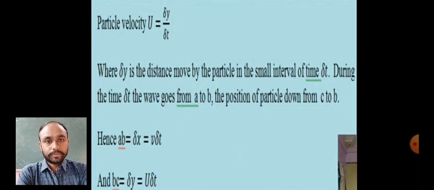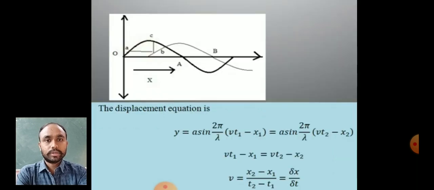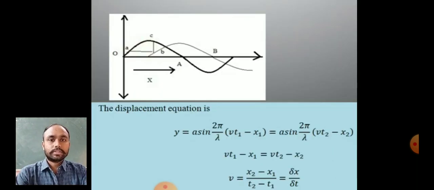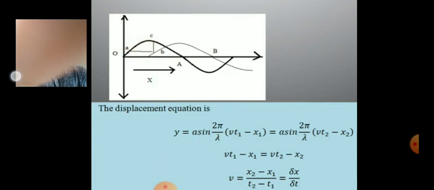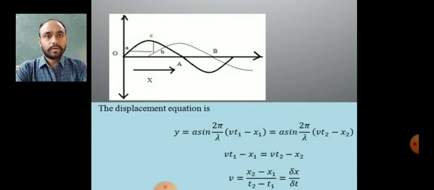So if we look at the diagram, I will just take the previous slide one more time. Now see what we are saying here: the particle is moving along the y direction, the vertical direction, while the wave is propagating along the x direction.